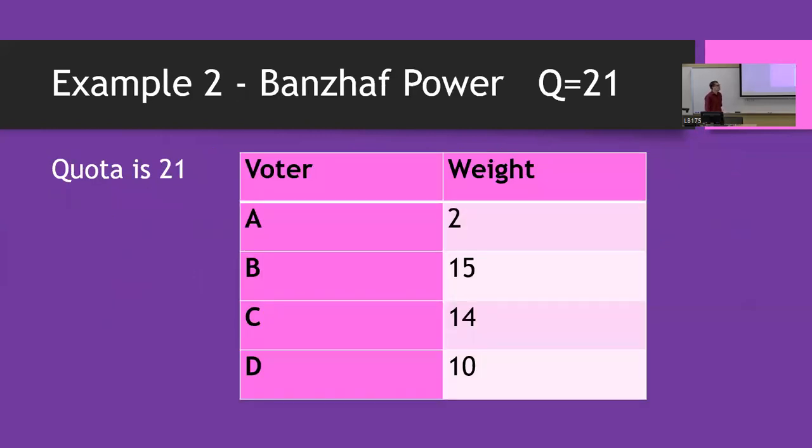So let's do a small example here. Here's an example where the quota is 21. Now let's list out all of the winning coalitions.